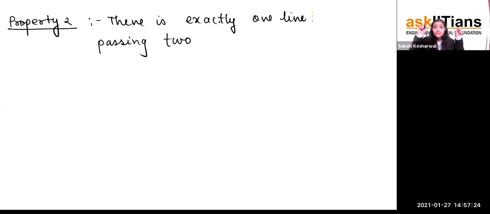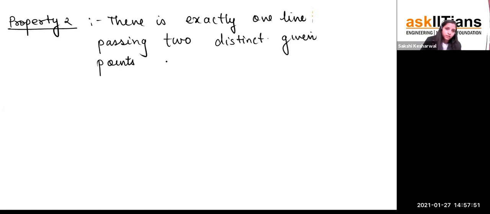You can see my two distinct hands, but if I merge my hands, there's no distinctness. You cannot say these are two distinct points. So you have to see two different points.